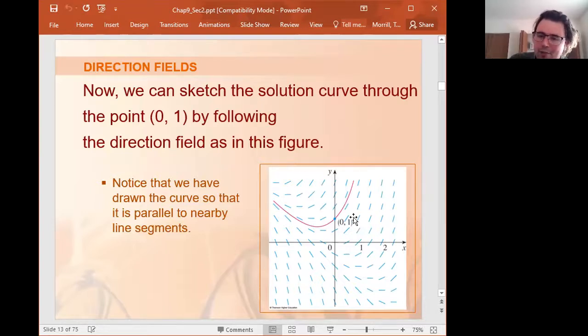And notice that when the pink curve is close to one of these blue lines, the slope of the pink curve is almost equal to the slopes of the blue line segments. Not exactly equal, but a good enough job to see that, yeah, this solution curve in pink is sort of following the flow as laid out by the differential equation.